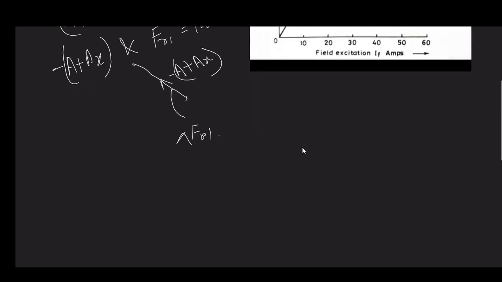This angle is, right, and this much is responsible for your voltage generation. So if this point is O, let this be F naught.